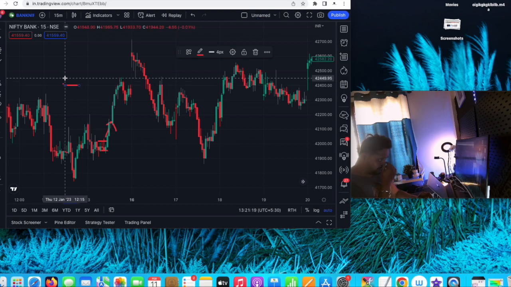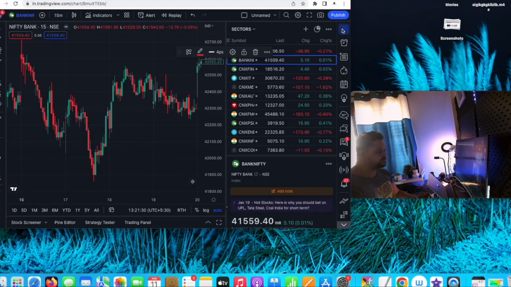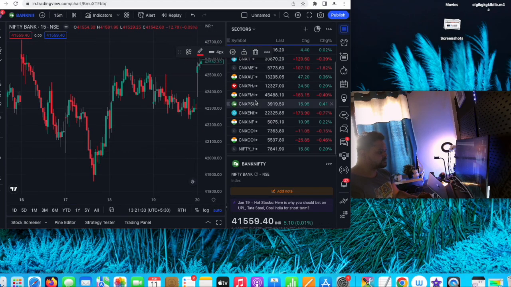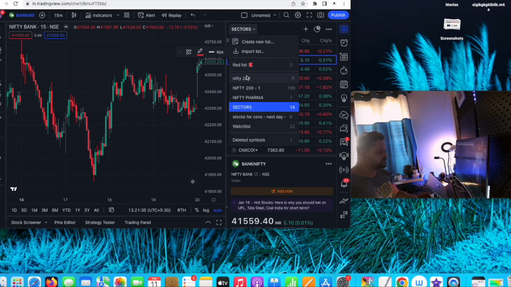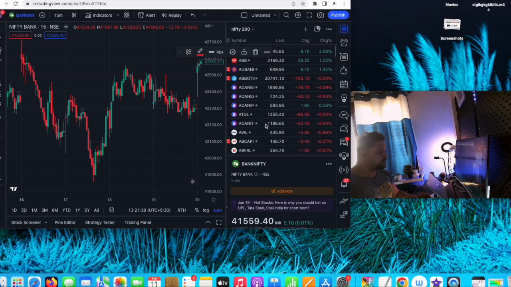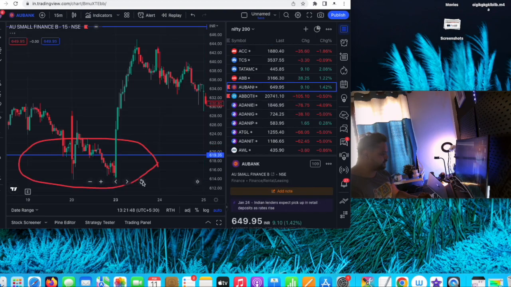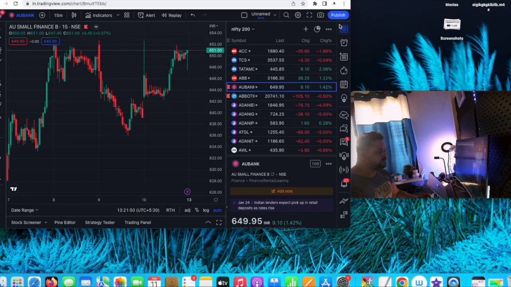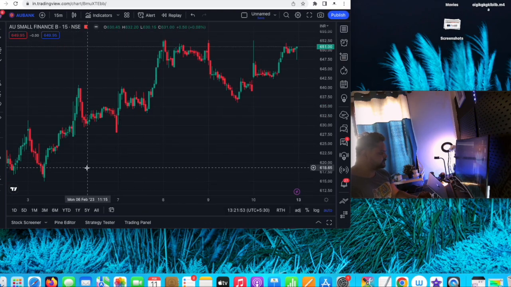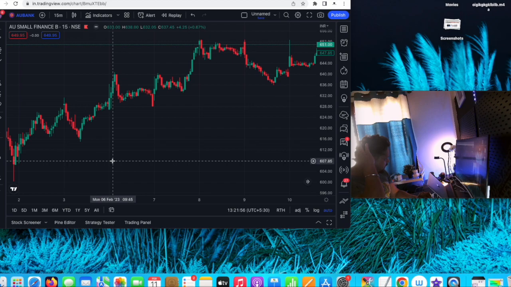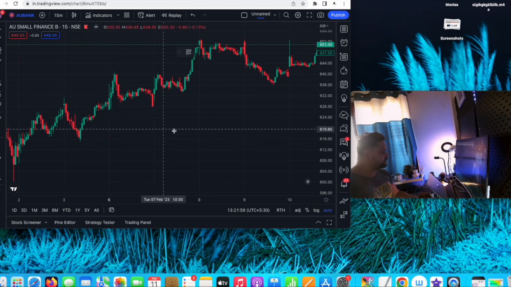Now the problem is, currently we are looking at Bank Nifty 15 minutes, right? So ideally we have so many sectors, so many stocks, and when the market goes live, we do not know which of the stocks is going to give us trades in the form of breakouts, and also the problem is in which time frame.